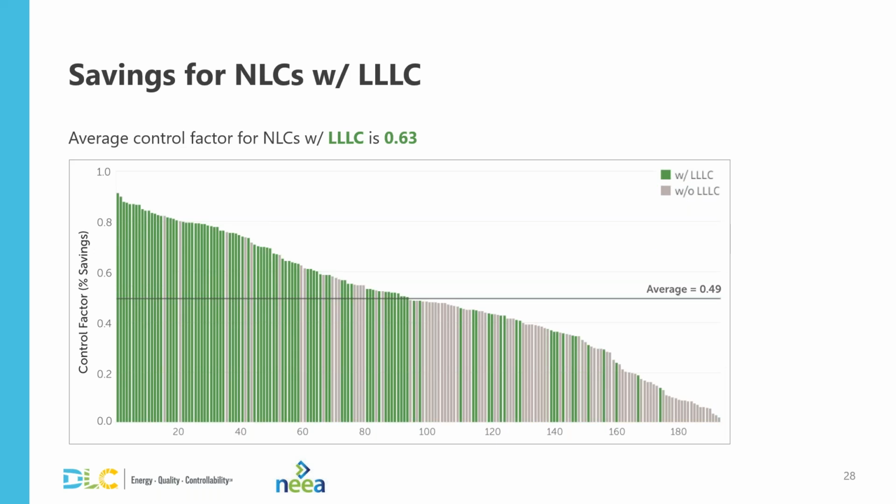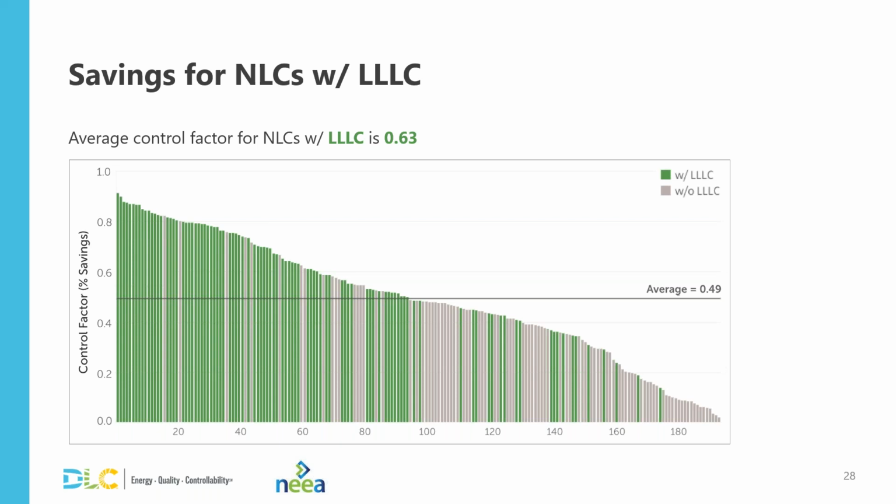Now, taking advantage of the even split between NLCs with and without luminaire level lighting controls, we can look at the savings potential for LLLCs. So going back to the overall savings chart we've seen several times throughout this webinar, this time it is color-coded by whether or not the NLC system is an LLLC.